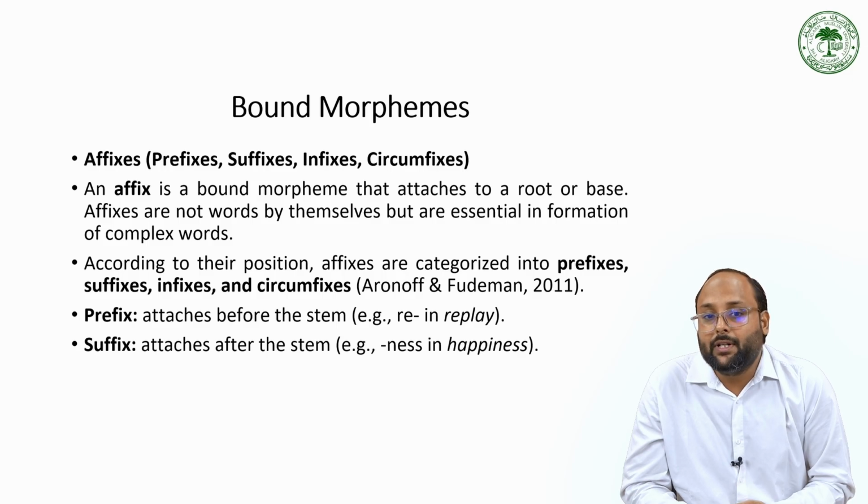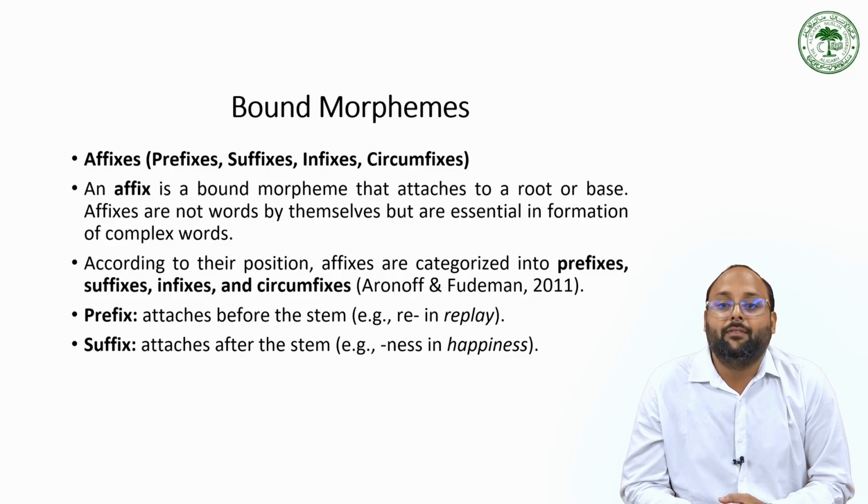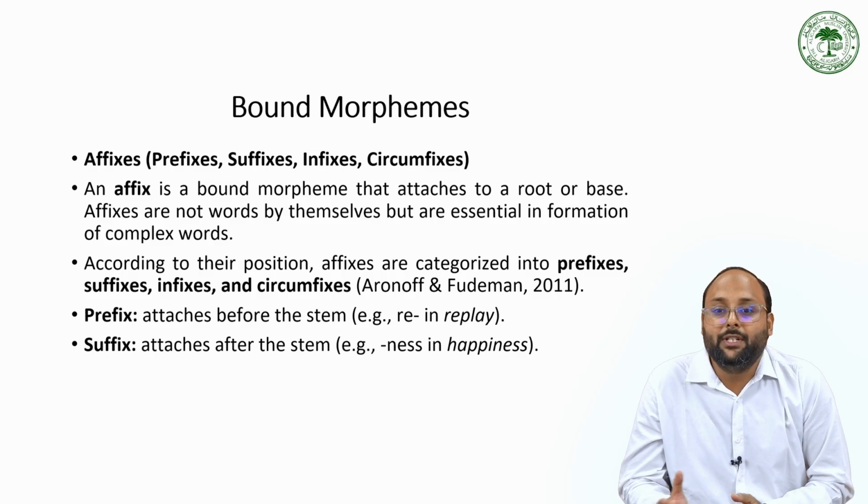Affixes are not words by themselves but are essential in the formation of complex words. They are not independent words, which is why they come under the bond morpheme, because the meaning of a bond morpheme depends on the occurrence of other words. If it occurs in combination with another free morpheme, it gives the meaning.